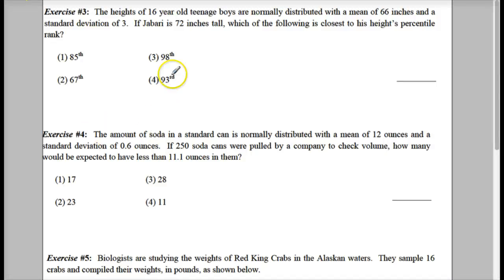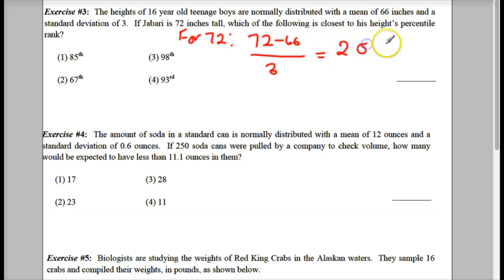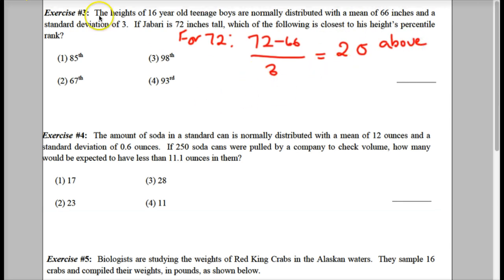So 72 inches. What's the mean? The mean is 66, so he's above. So 72 take away 66, divided by your standard deviation, which is 3, would give you 2 standard deviations above. So he is 2 standard deviations above.